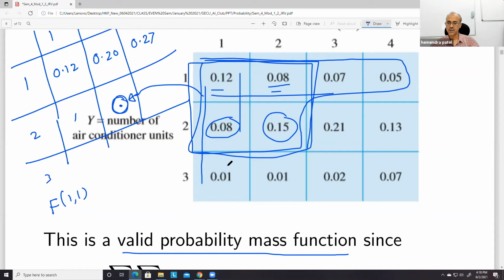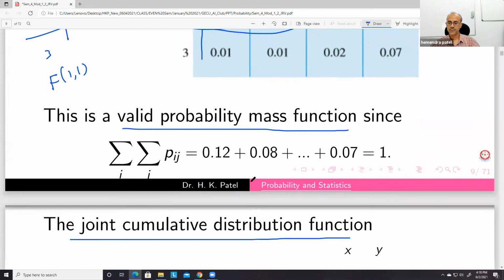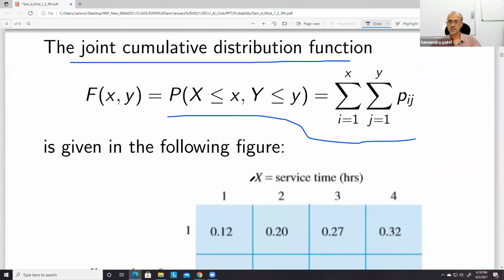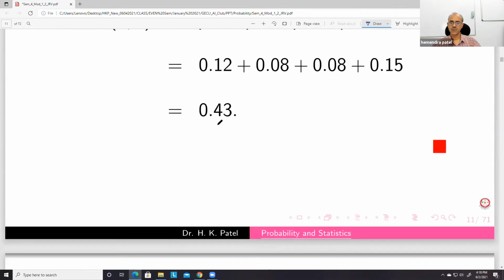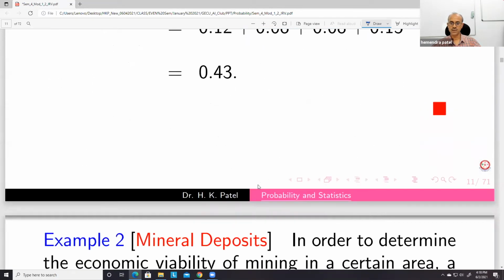So number here in CDF table will be sum of these 3. And then 3 plus 3, 6, then 9, then 12, like this. So in this way we can find this. This is example given how F22 is obtained.